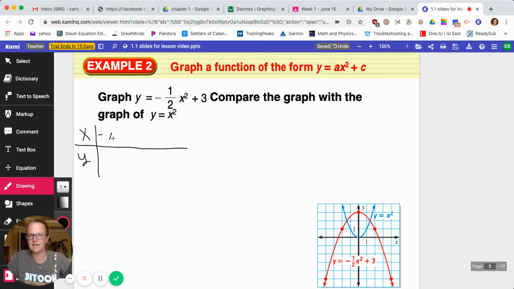I'm gonna pick numbers that when I work through them are divisible by 2 because I have a 1/2 out there in front. All right, so -4 squared is +16.